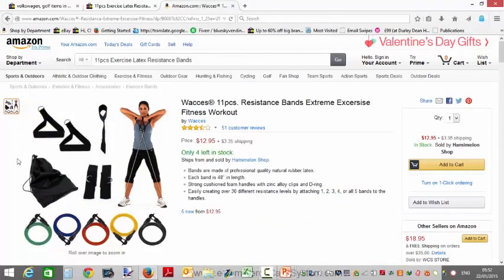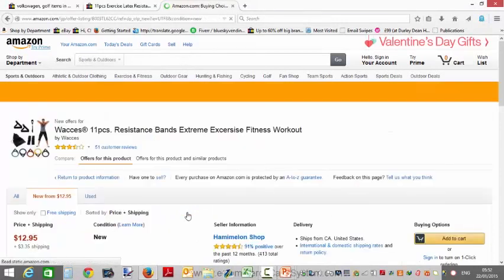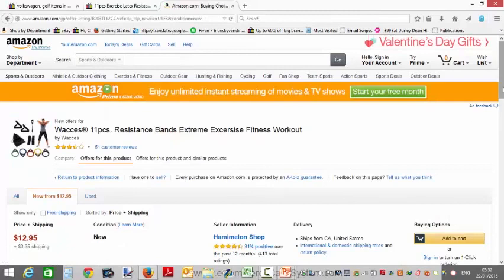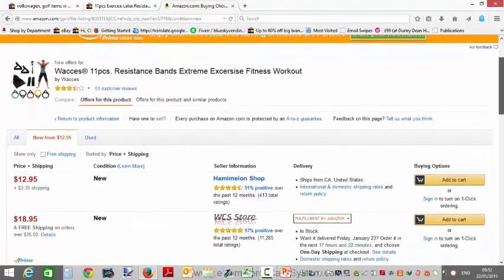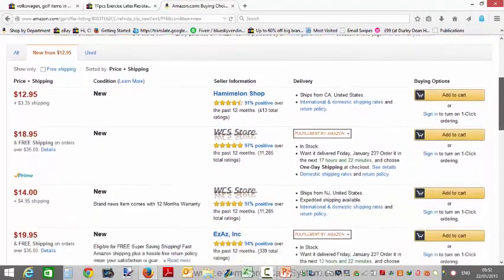So that's good. So this one is an option. And there is quite a few other sellers on here, which again is a good sign in this instance. That's great.